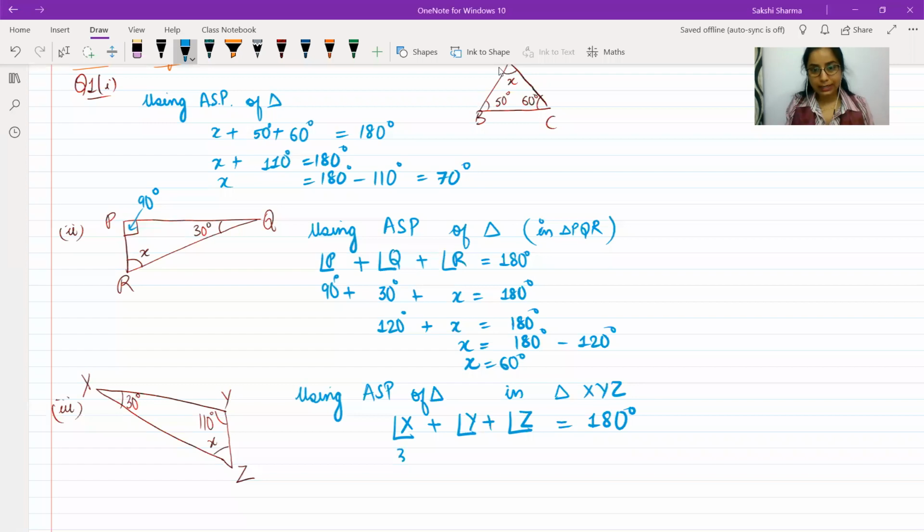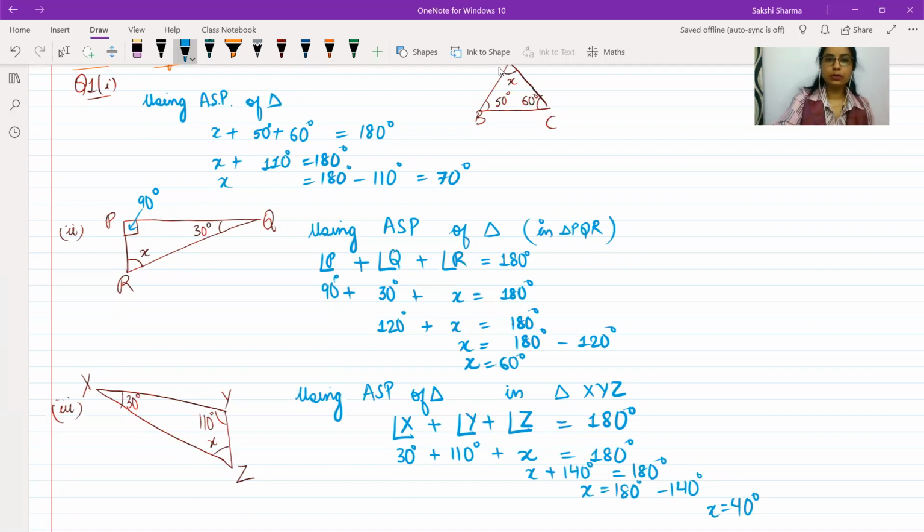We have 30 degrees at X, 110 degrees at Y, then x at Z, simplifying: x plus 140 degrees equals 180 degrees. x comes out to be 180 degrees minus 140 degrees. x will be equal to 40 degrees. And you don't have to wait on me. You can start the next part if you have already done these. If anyone's writing the first part, please let me know.